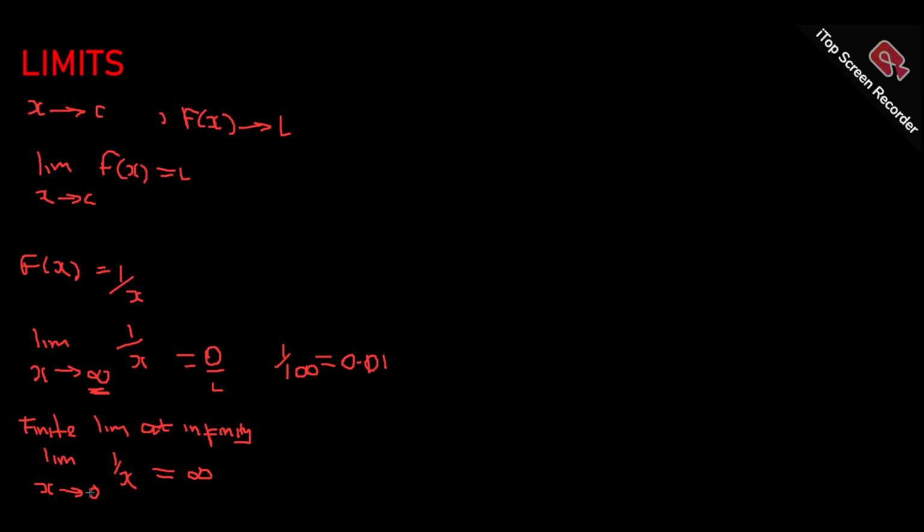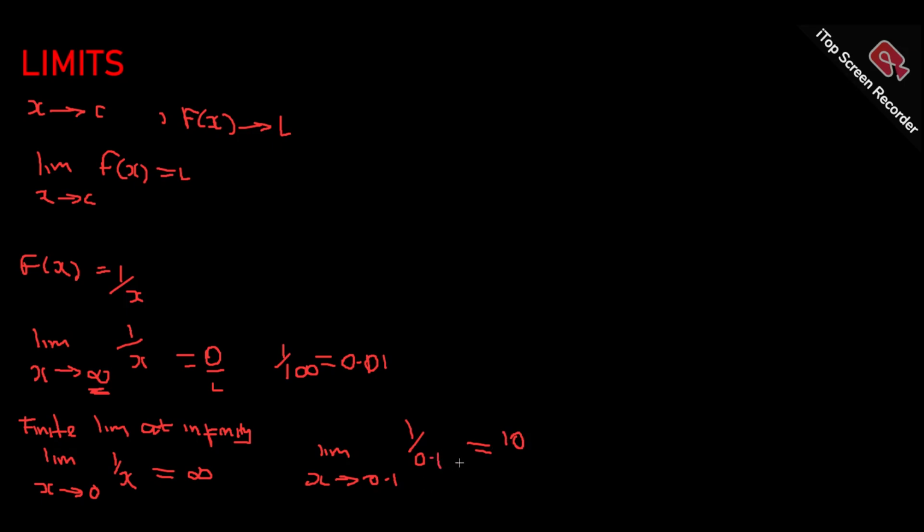Suppose we choose a number which is very close to 0, let's choose 0.1. That's the limit as x approaches 0.1. Then we substitute 0.1. What are we going to get? In this case, we get 10.